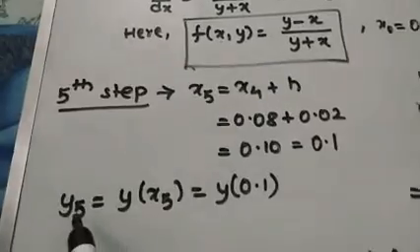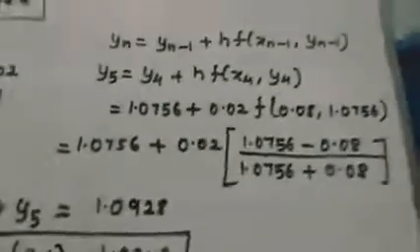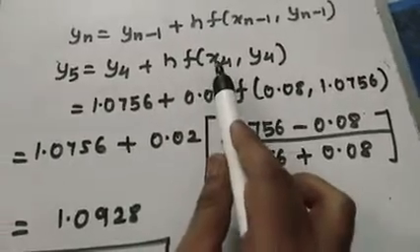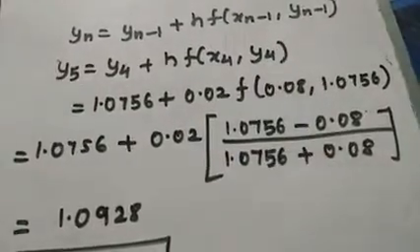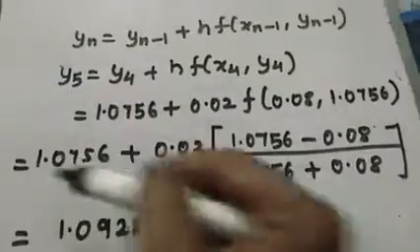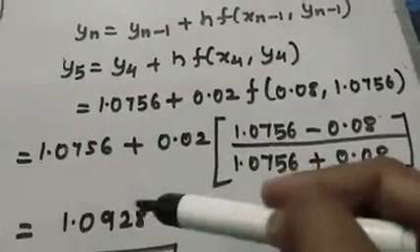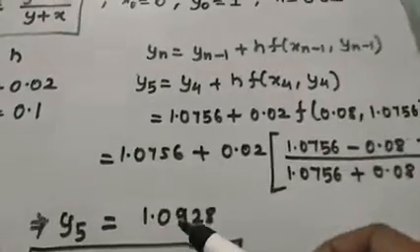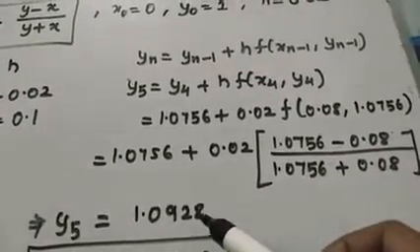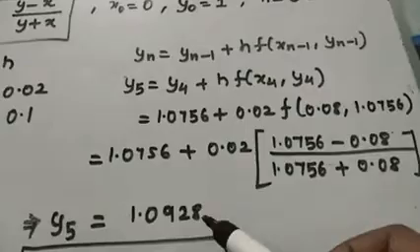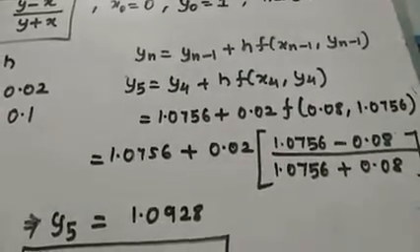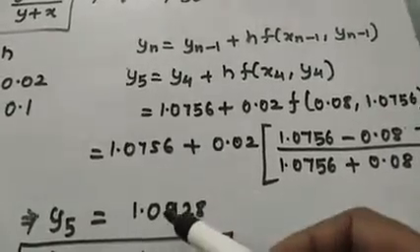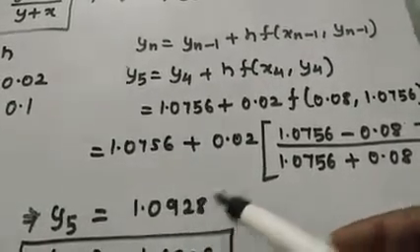So here we are going to find y5. y5 is y4 plus h f of x4 comma y4. Using the previous step results, just putting the values and simplifying, we get our y5 as 1.0928.